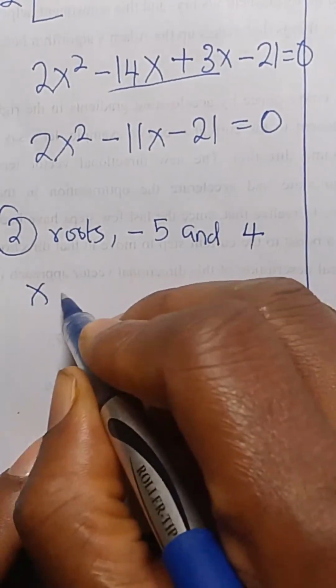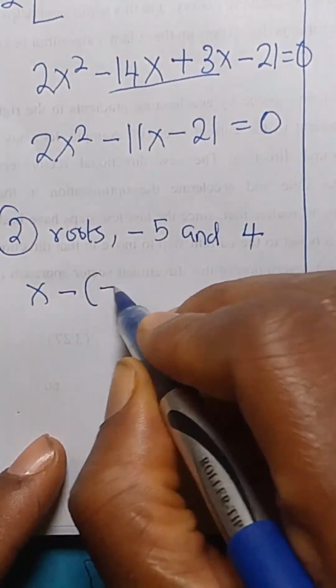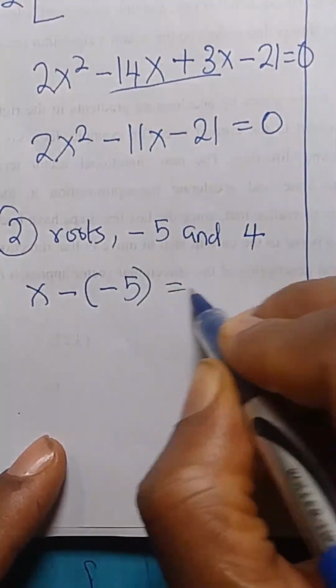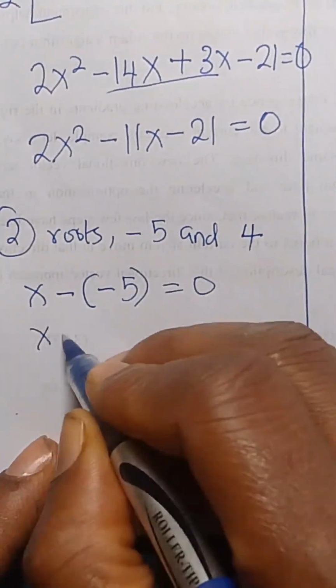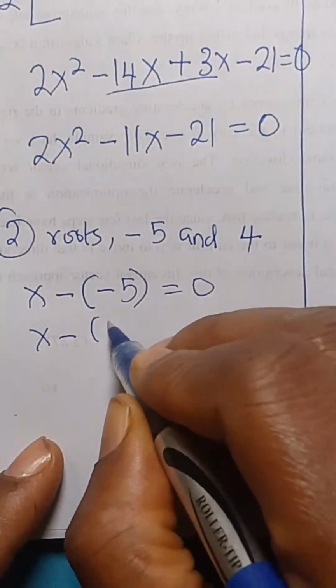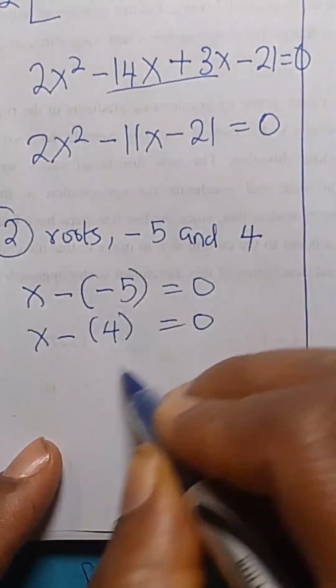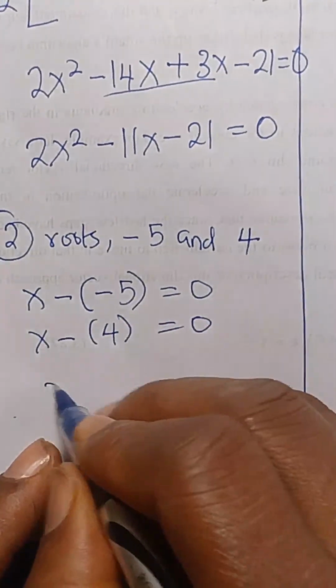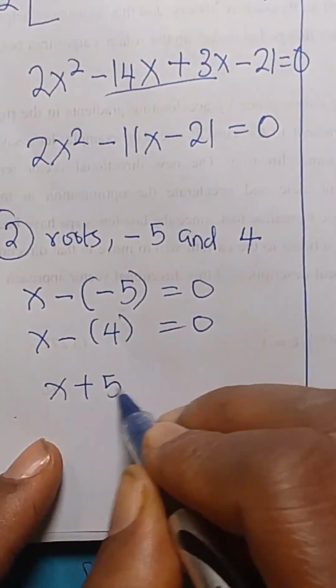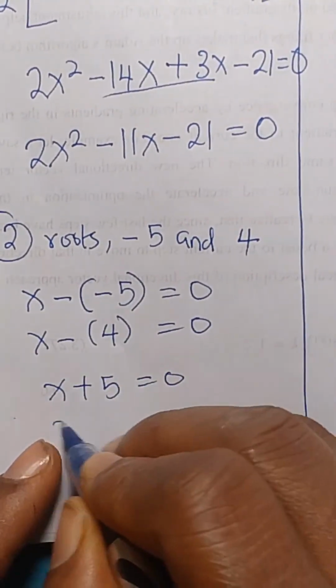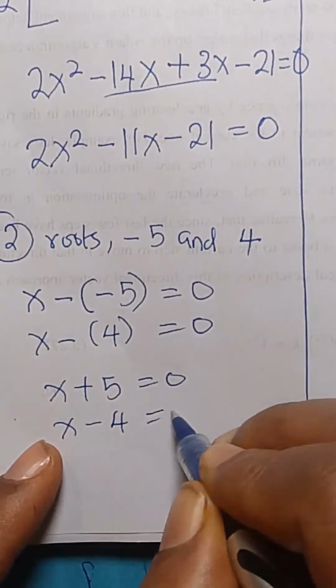So we have x, we now subtract the first root, which is minus 5, and we equate it to 0. The second one, we have x, we subtract 4, and equate it to 0. x minus minus is x plus 5 equal to 0. And this is x minus 4 equal to 0.